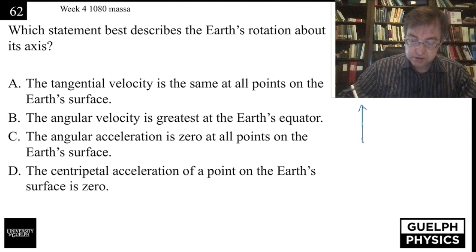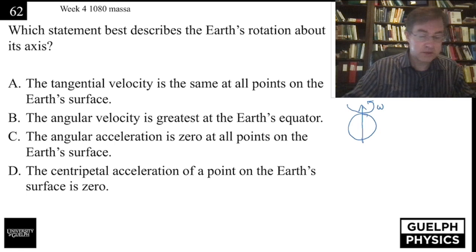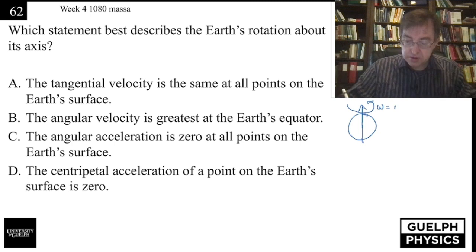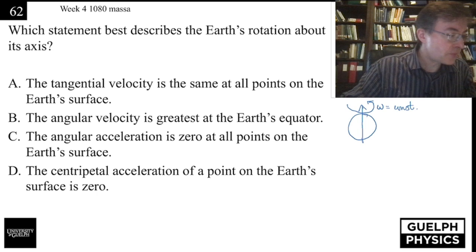So there's the axis of rotation of the Earth, and the Earth is traveling around this axis of rotation with some angular velocity omega. Now the Earth rotates with a constant angular velocity, okay? It just does this. And so omega is actually a constant, okay?